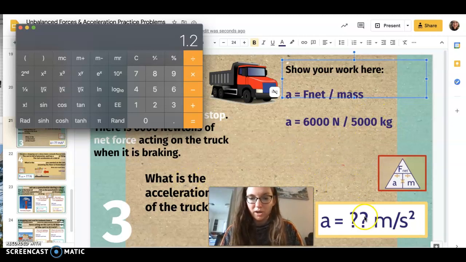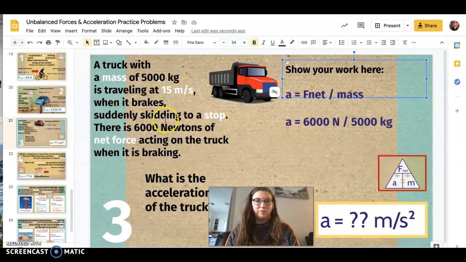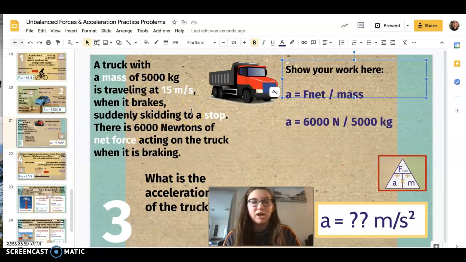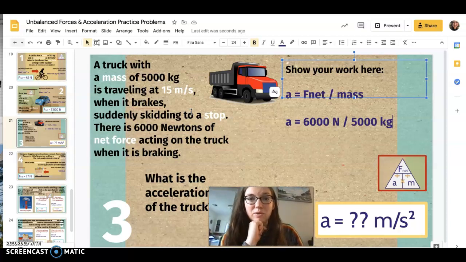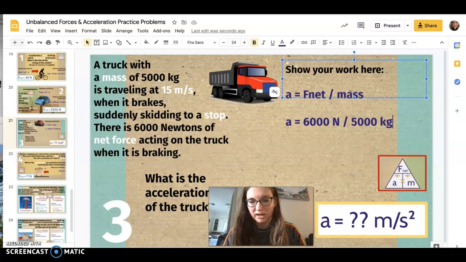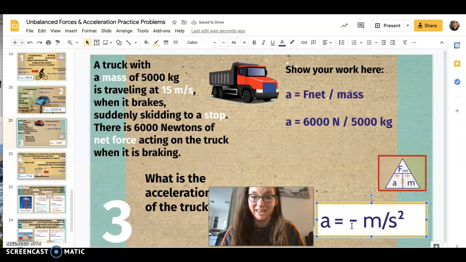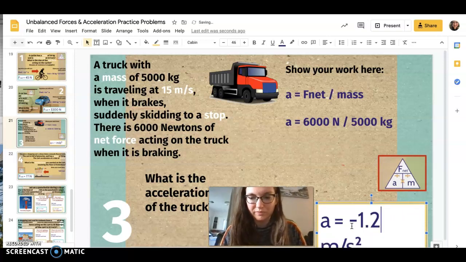meters per second squared. But here's the thing. I know that this truck is skidding to a stop. So if I write 1.2 meters per second squared, that means it's getting faster. I need to write negative 1.2 meters per second squared to show that each second it's traveling 1.2 meters less than it was the second before.